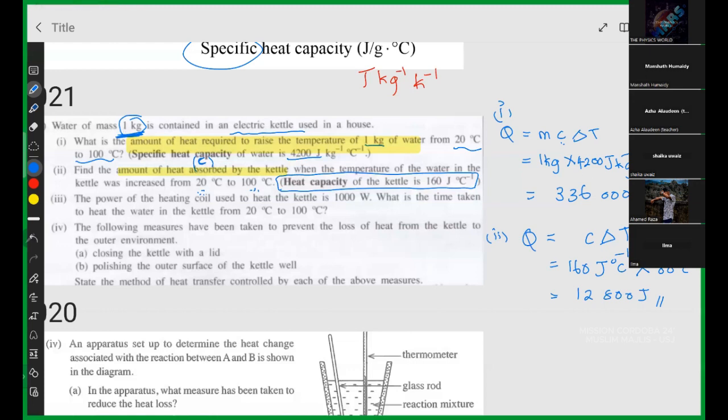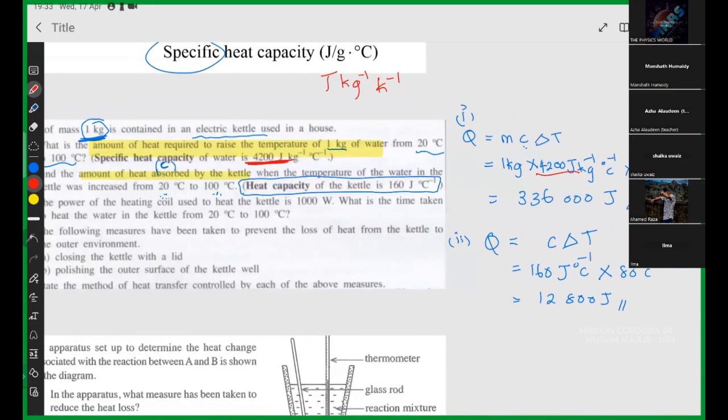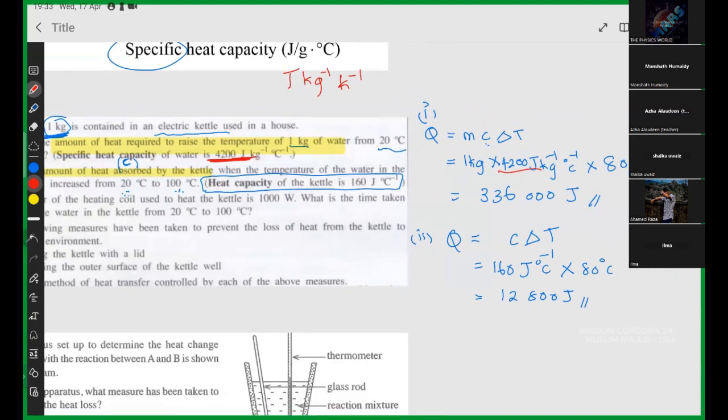Why did I mention 4,200 here? That is the specific heat capacity of water. And then what is the temperature change? 100 minus 20, so that is what gives you 80 degrees Celsius. You multiply it and you get the answer.